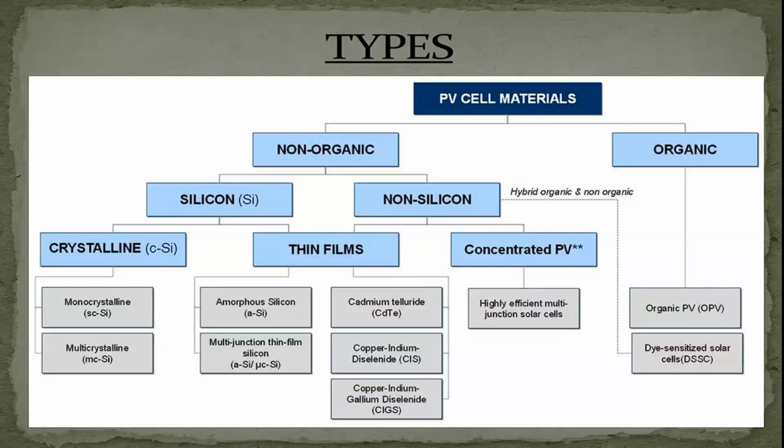Concentrated photovoltaic cell is a highly efficient multi-junction solar cell. So these are the inorganic solar photovoltaic materials.